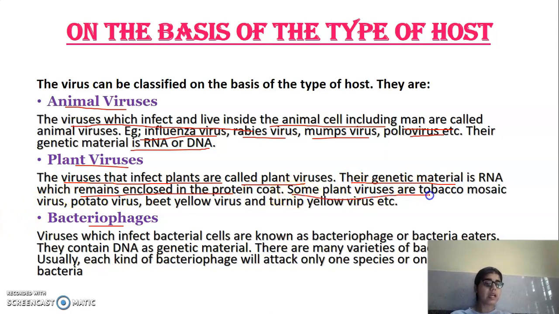Some plant viruses are tobacco mosaic virus, potato virus, beet yellow virus, and turnip yellow virus, etc. Bacteriophages are viruses which infect bacterial cells, known as bacteria eaters. They contain DNA as genetic material. There are many varieties of bacteriophage. Usually, each kind of bacteriophage will attack only one species or only one strain of bacteria.